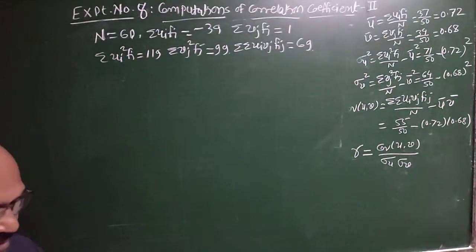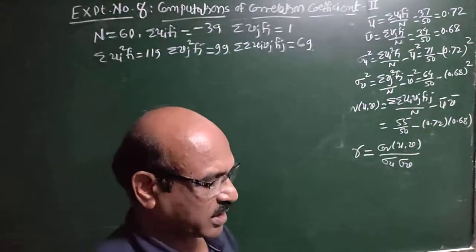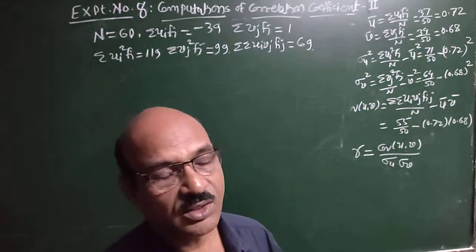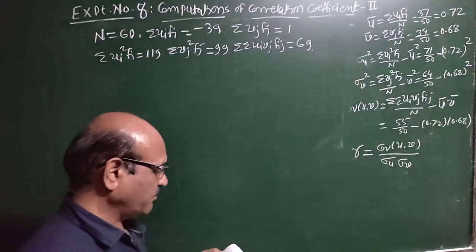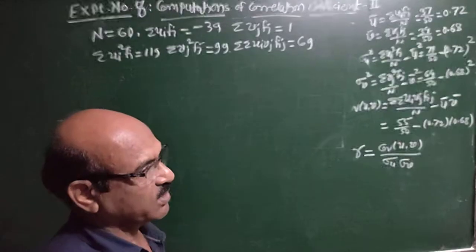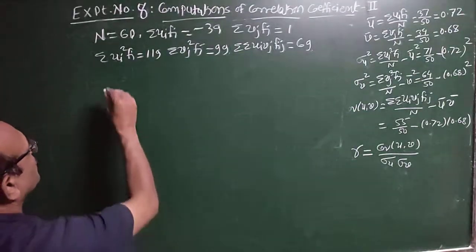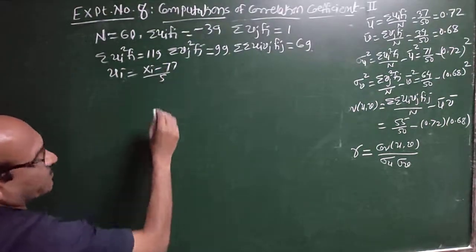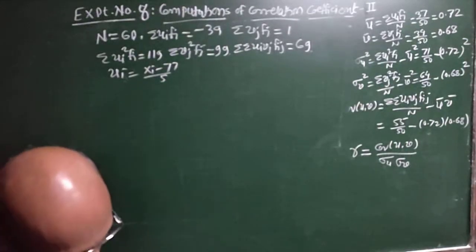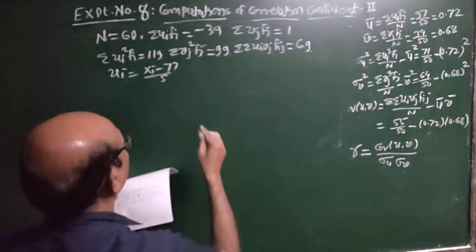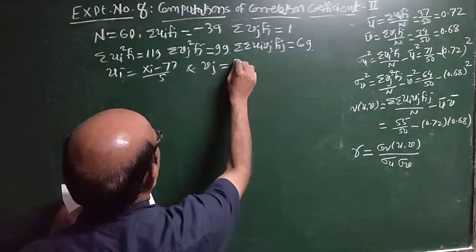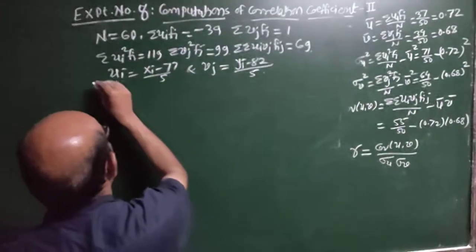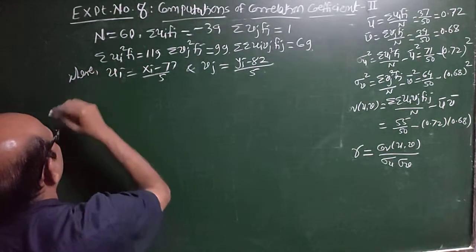So these are the six values given, where ui equals xi minus 77 by 5, and vj equals yj minus 82 by 5. Like that these things are given. Find the correlation coefficient between x and y. Here ui equals xi minus 77 divided by 5, and vj equals yj minus 82 divided by 5. So these are the things given to you.